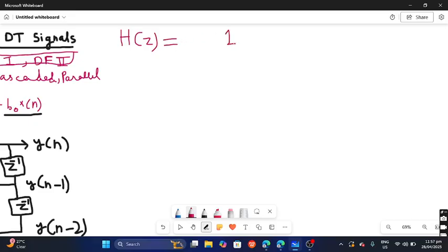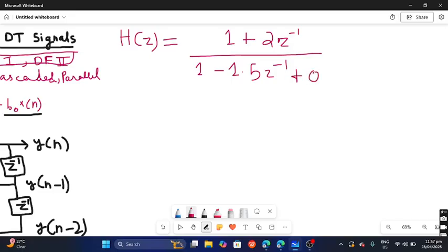It is 1 plus 2 z inverse, and then it is 1 minus 1.5 z inverse plus 0.9 z minus 2.